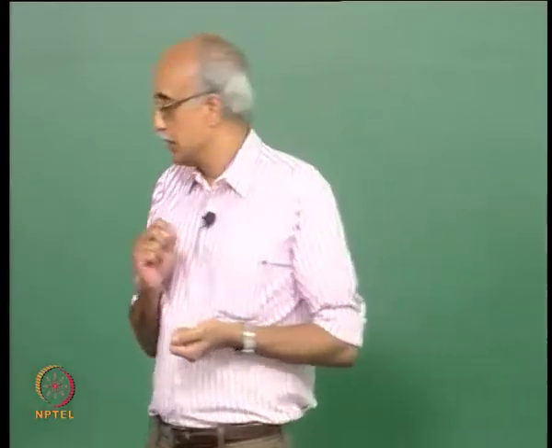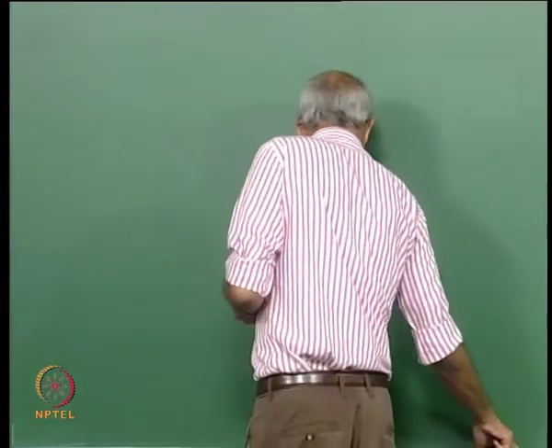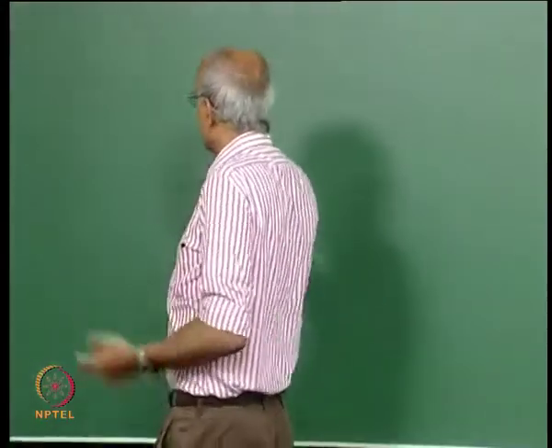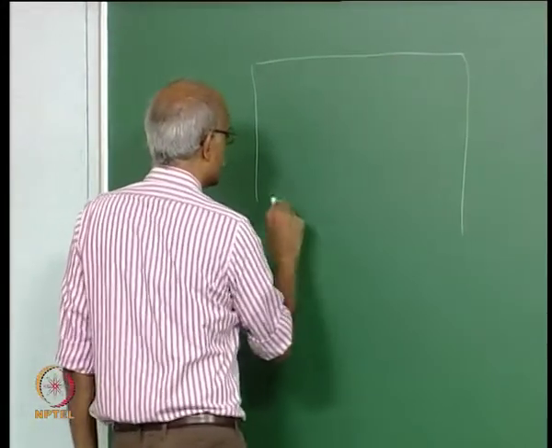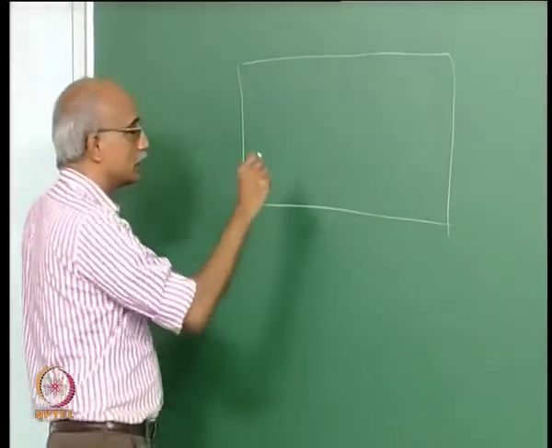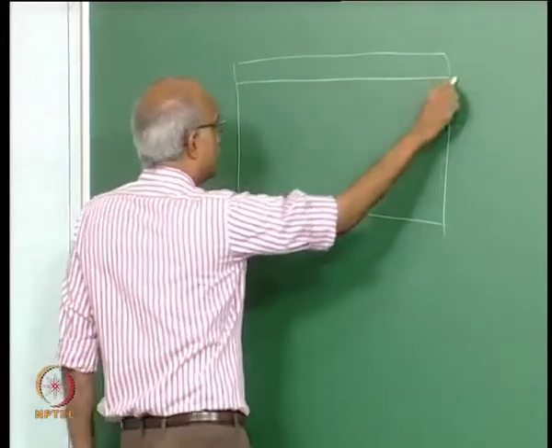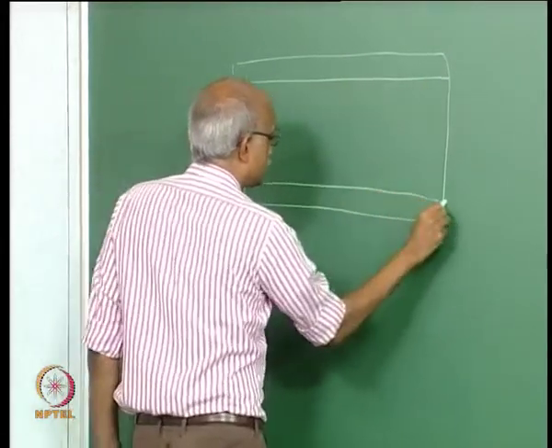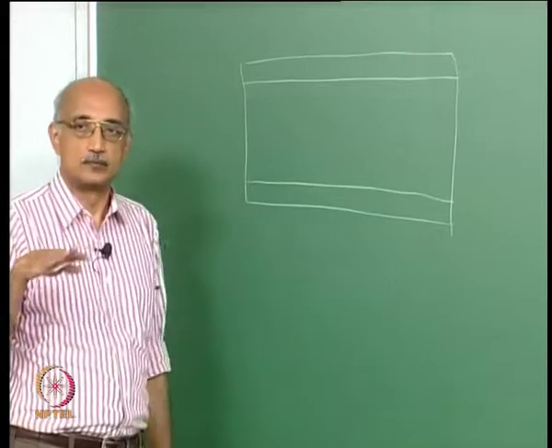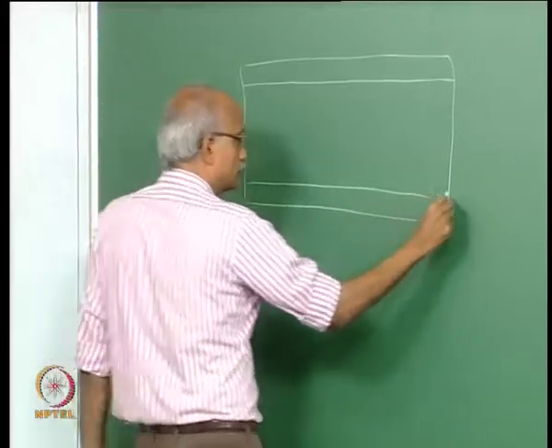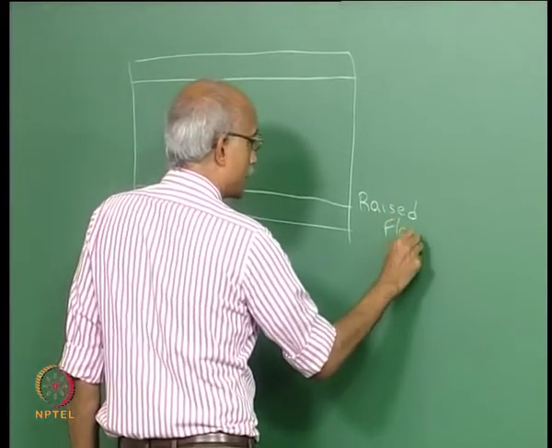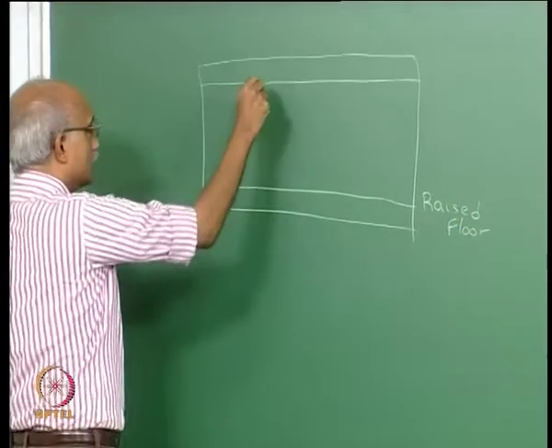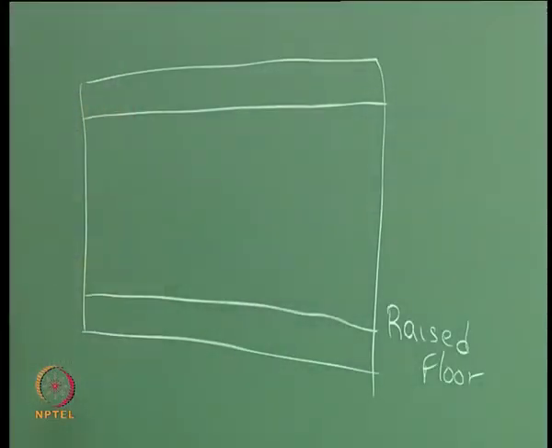Now, a clean room, if you want to sketch it, it essentially looks like a box. Now, this is the ceiling, and it essentially has a false floor. It's called a raised floor. The ceiling also has a duct in which the filters are placed.